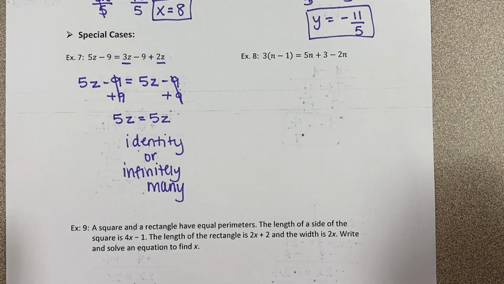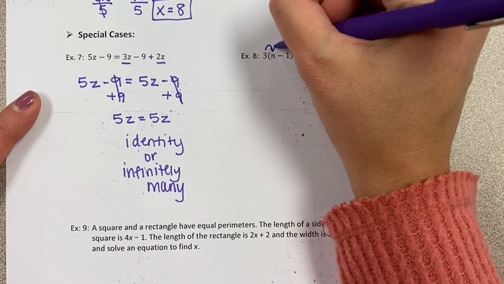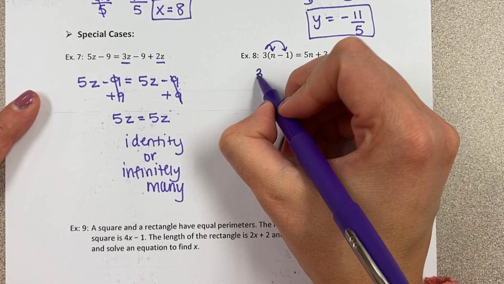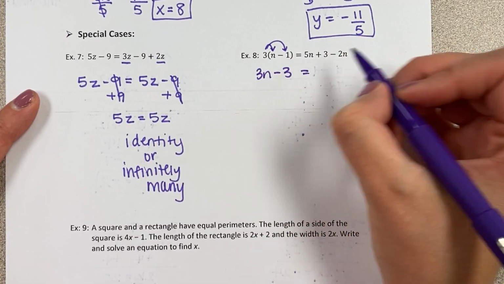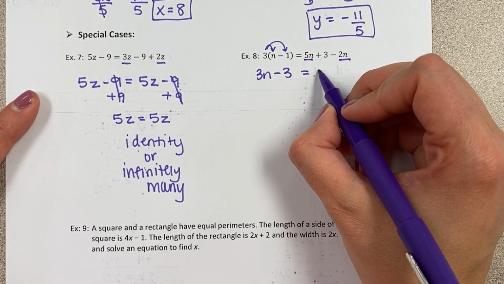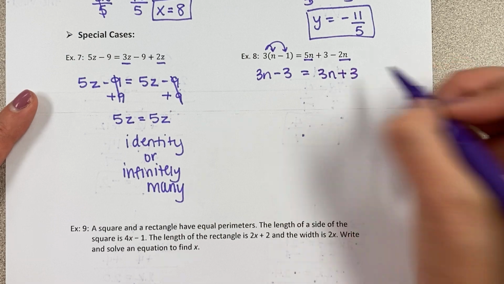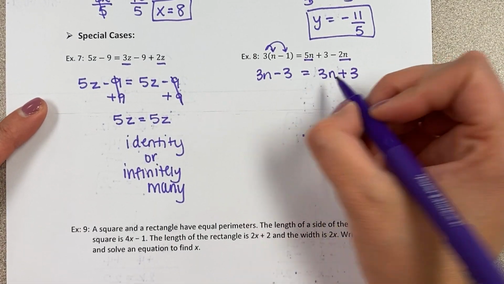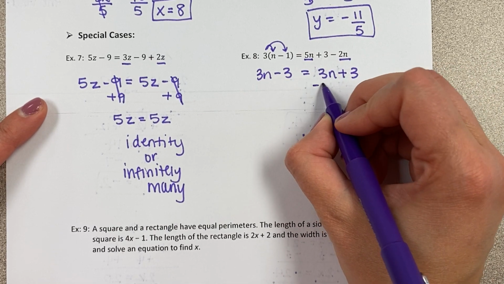Another possible answer you might get, I'm actually going to distribute here because I already saw those parentheses. 3n minus 3. On this side we had like terms. 5n minus 2n is 3n plus 3. Okay, let's subtract 3n from both sides.